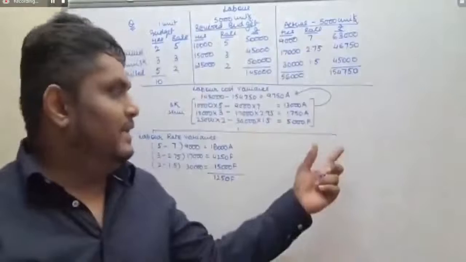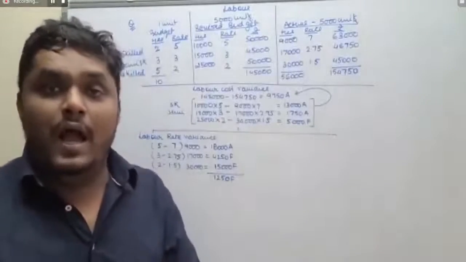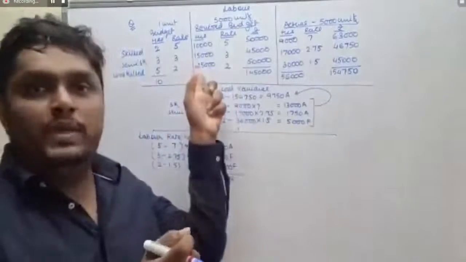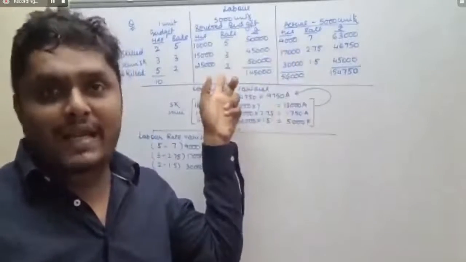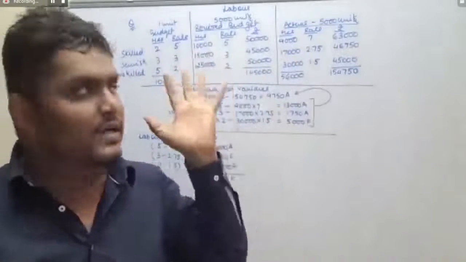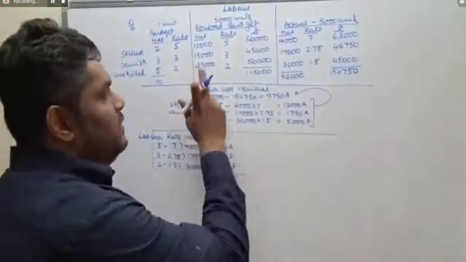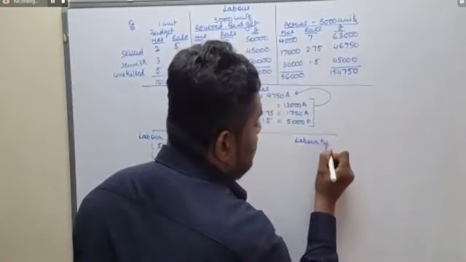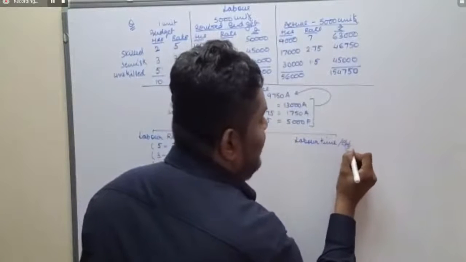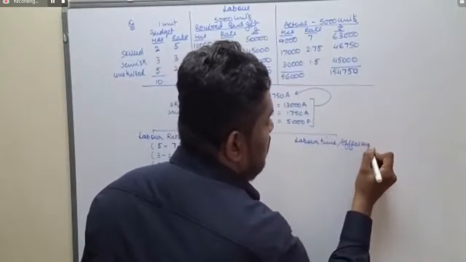Now, in this part, that is material usage variance, how much quantity was supposed to be used, minus how much quantity we actually used, into standard price. Why standard price? I have already discussed. So in this case also, labor time, or we call it efficiency also.